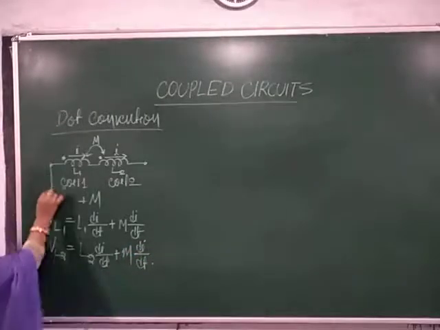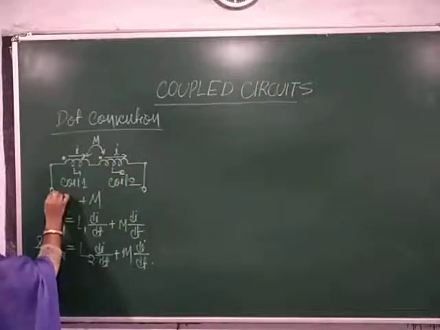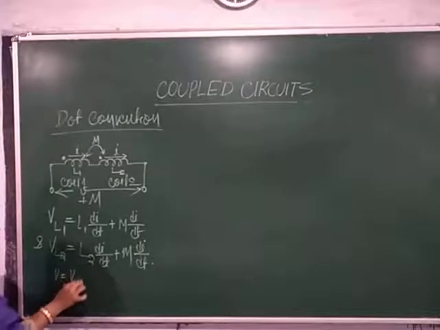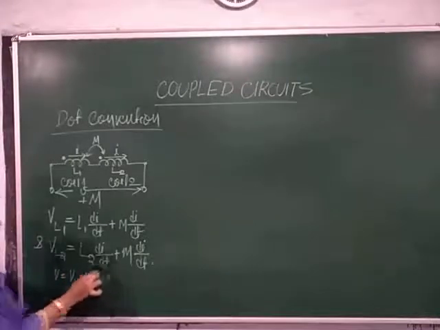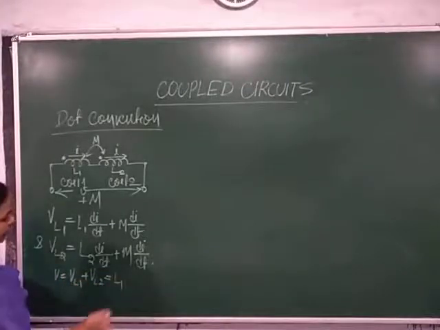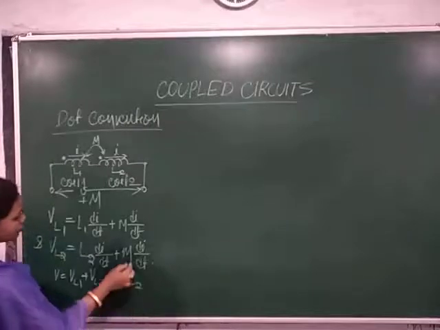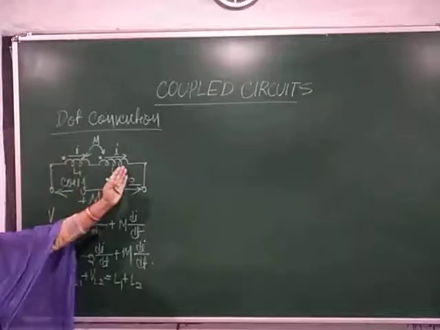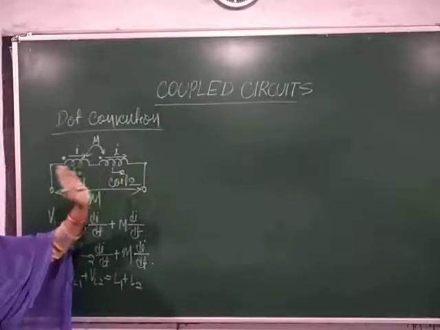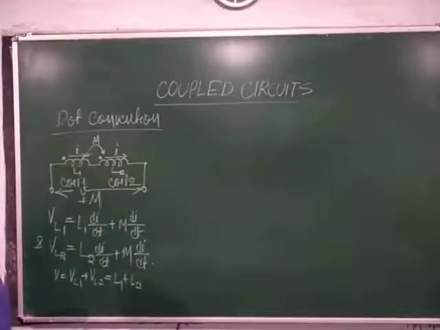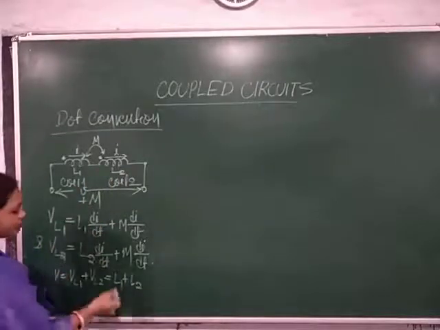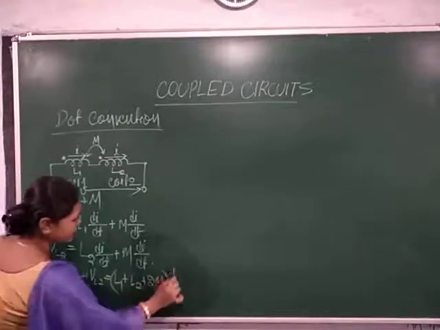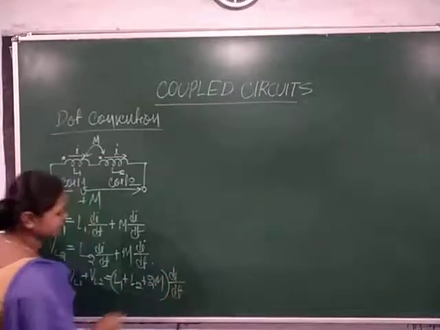So the total voltage of this coil, that is V, is equal to VL1 plus VL2. If you add these, the same current is flowing through the circuit as it is a series conductively coupled circuit. So from these two equations you get (L1 plus L2 plus 2M) di by dt.